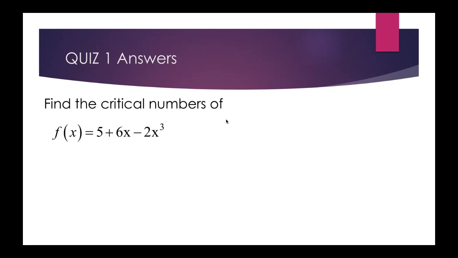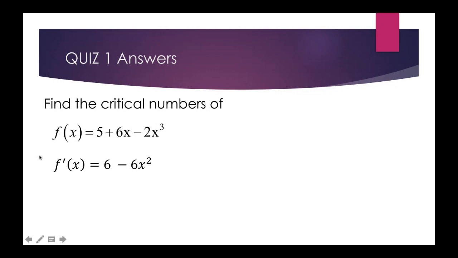So if you're thinking of a parabola, a critical point would be the vertex. If you're thinking of an x cubed graph, those 2 points where the graph changes direction, those are critical numbers.